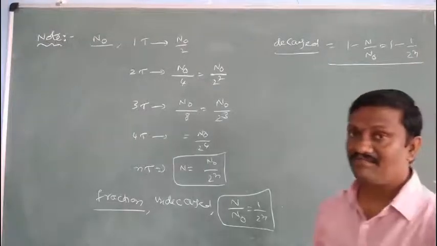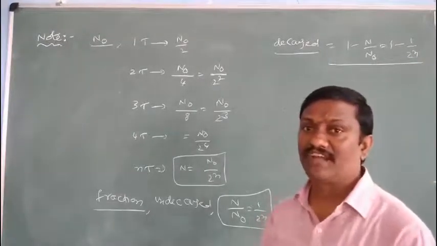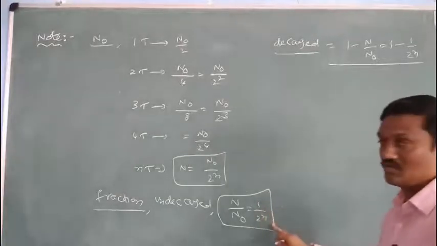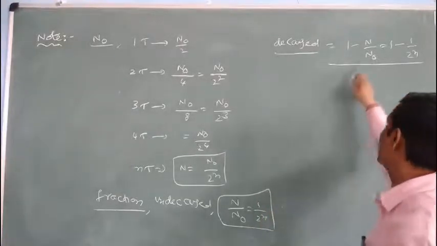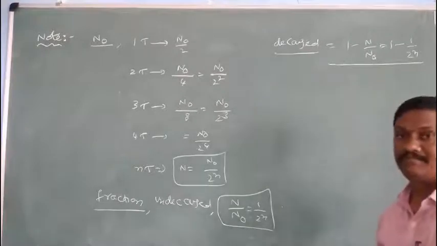So after n half-lives, the fraction undecayed is 1 by 2 power n, and the fraction decayed is 1 minus 1 by 2 power n.